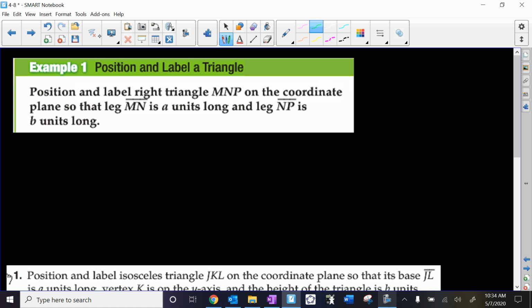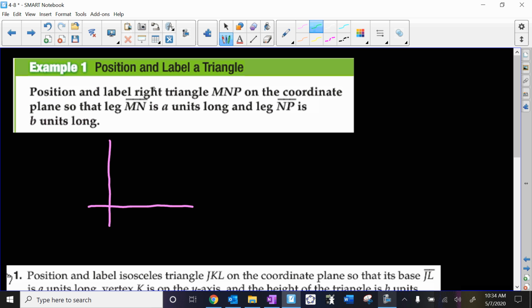So to start, we are just going to position and label a triangle on a coordinate plane. Position and label right triangle MNP on the coordinate plane so that leg MN is A units long and leg NP is B units long. Thinking back to our steps, we're going to try and use the first quadrant as much as possible, the origin, and the axes.